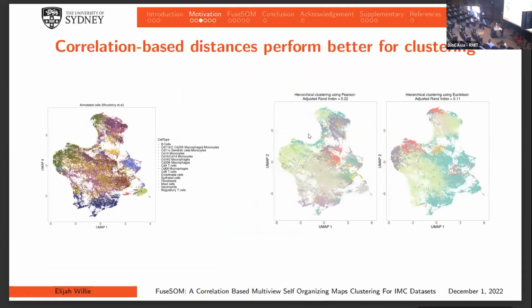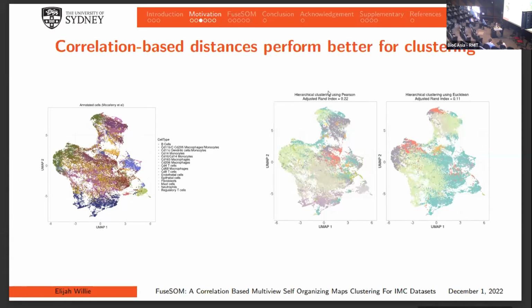I then picked a random algorithm, hierarchical clustering, using correlation and Euclidean. I chose Pearson. And you can see that for the data set clustered using Pearson, we have a performance that's double that of Euclidean. The values here are quite low because, again, this was manually annotated after clustering, so we're not just matching the output.